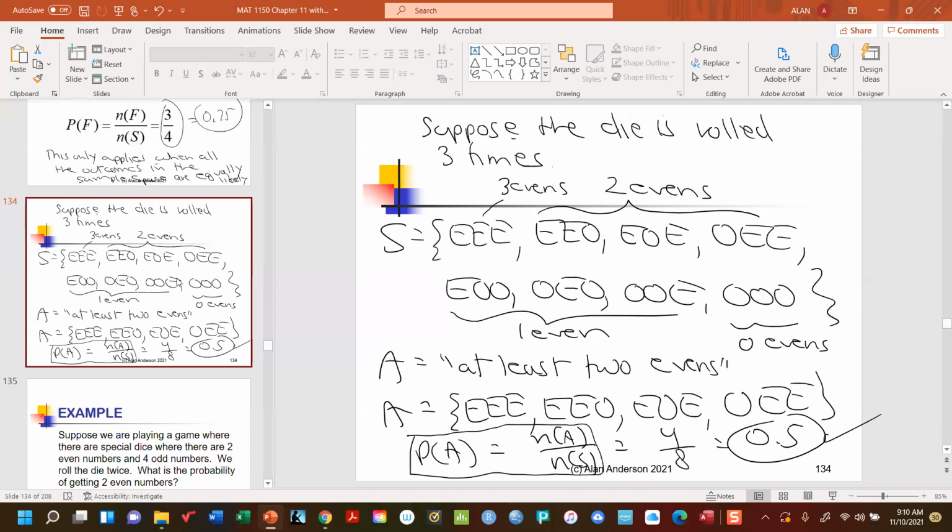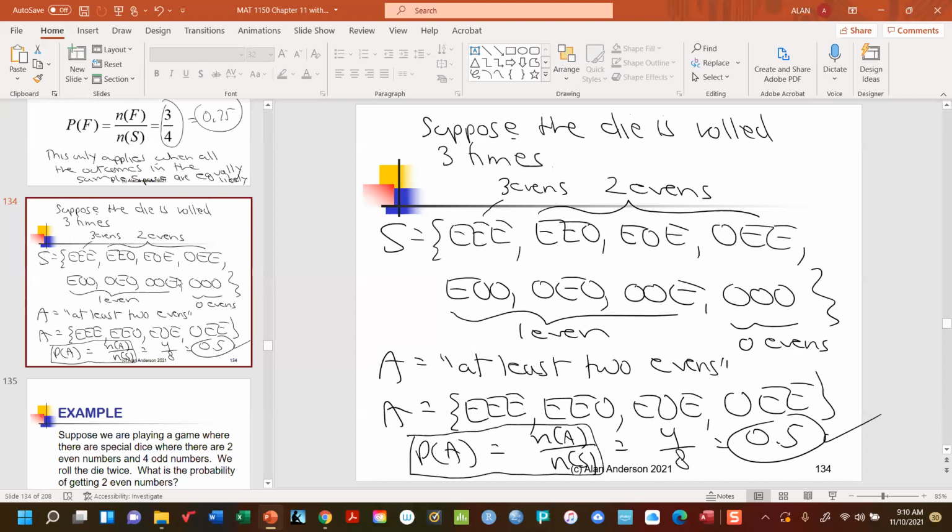Or another way to look at it is that 4 out of 8 belong to A. Since they're all equally likely, the probability must be 4/8 or just 1/2. All right, does that make sense?